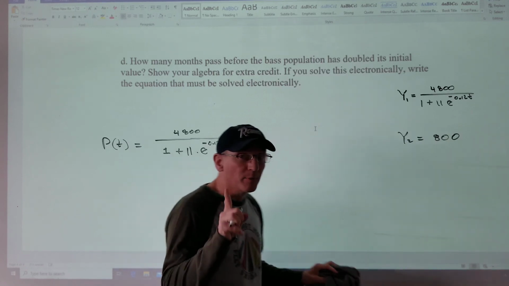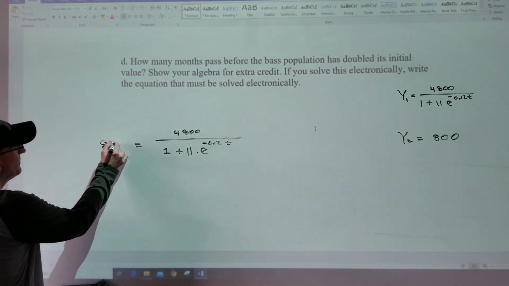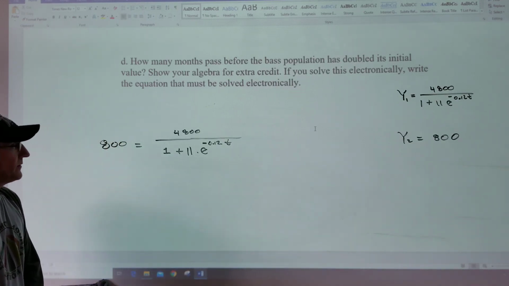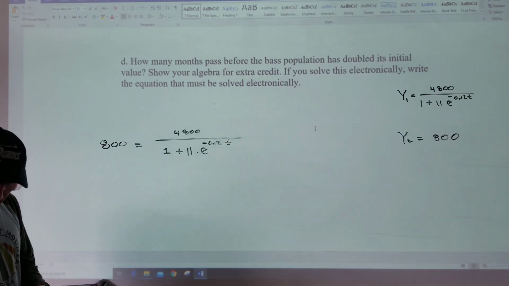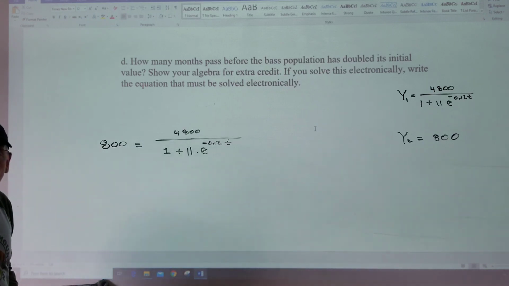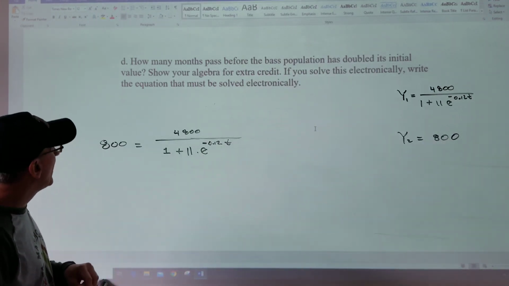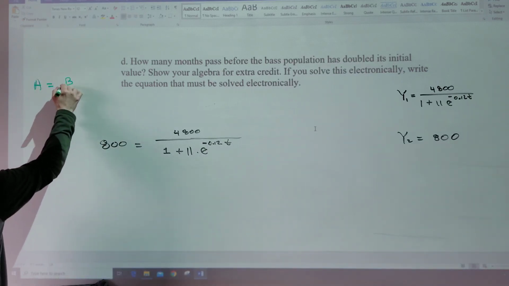Well, we're going to do this algebraically, though, because it's more fun. What you do is you put 800 over here, where the population for fish is, and then you just do algebra. Now, there's something that I don't think gets taught often enough. Maybe I'm wrong. Maybe it's the people I work with. But here's a property of fractions everybody should know.